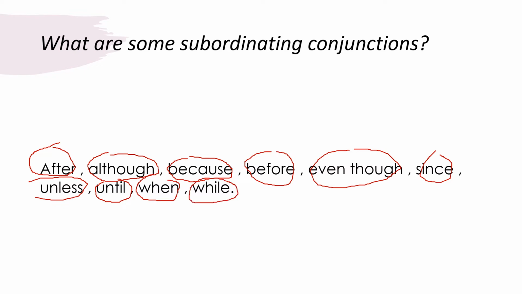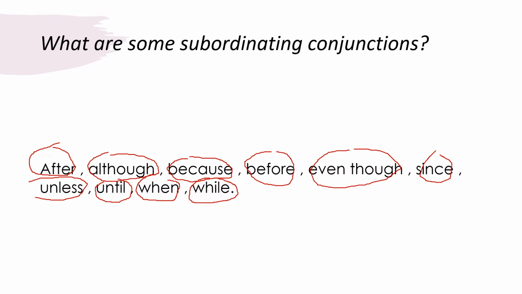Okay, let's apply what we learned now with our own example. For example, I can say the sentence, I played in the garden. Do you think that this sentence is complete? Yes, I played in the garden. So this is an independent clause.